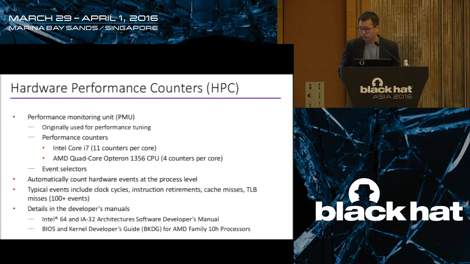Once you enable a counter, it will automatically start counting events based on what you configure. Typical events include counting clock cycles, instruction retirement, which basically means how many instructions have been completed, cache misses, or TLB misses. These events are very rich in modern CPUs. In both Intel and AMD CPUs, you can find more than 100 hardware events that you can count.